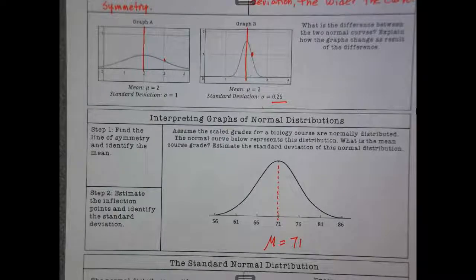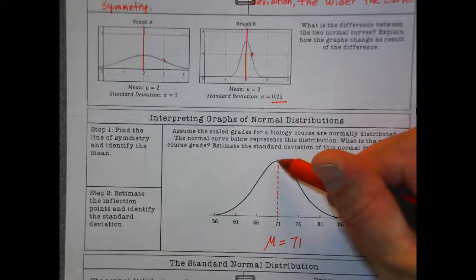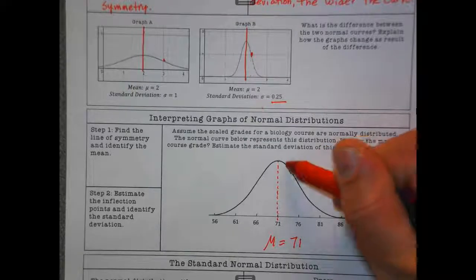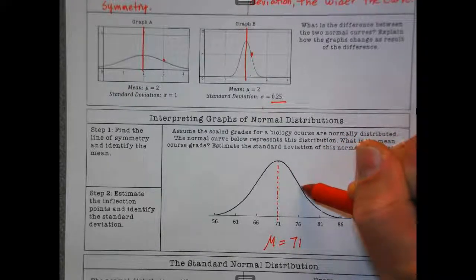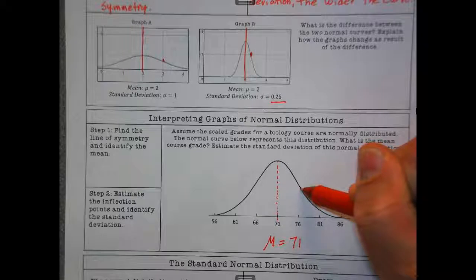Now, I'm not going to make you use a formula yet, but you should be able to kind of estimate where the standard deviation is, right? Where's our inflection points here? Going down, going down, going down. Oops, probably somewhere around there.